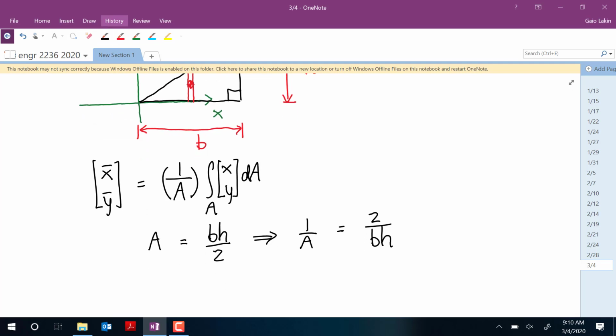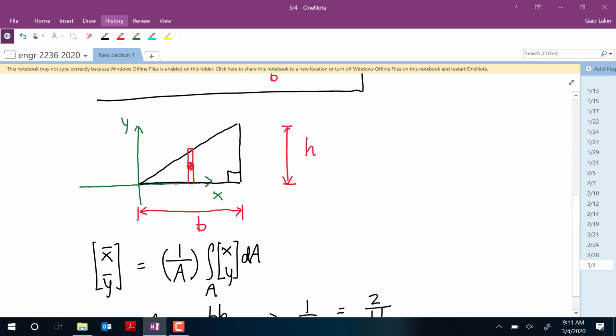All right, so now if we think of doing this in terms of x, because we're going to have to choose some variable to integrate over, let's think of our independent variable as x. We have to represent all this in terms of x.